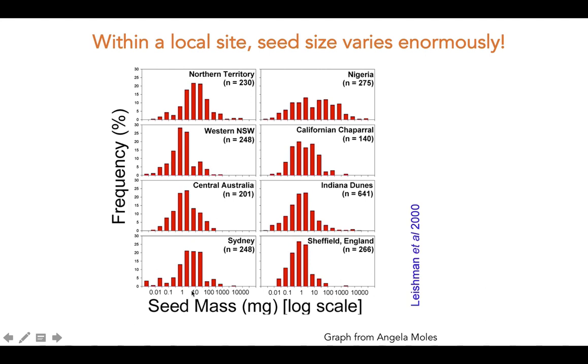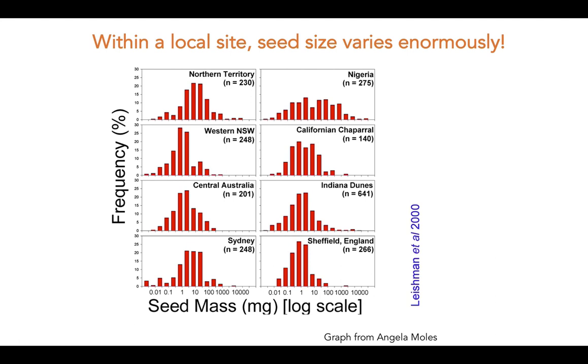And so what you'll actually find is well over 7 orders of magnitude of variation in these different locations, ranging from a field outside of Sydney, Australia, to a field outside of Sheffield, England. Here is a dune area within the state of Indiana. There's the Californian chaparral. Notice the enormous variation in seed size that we see.